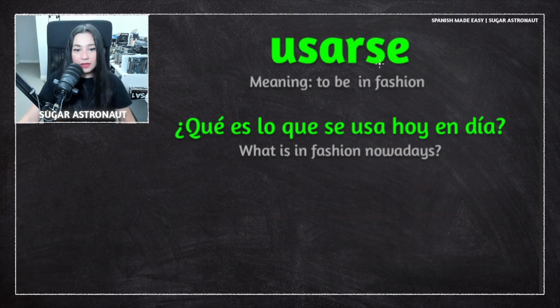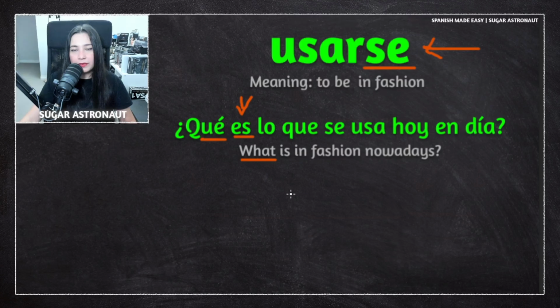By the way, remember that you can use reflexive pronouns: se, te, le, nos. Qué means what. Qué es, you know this one.